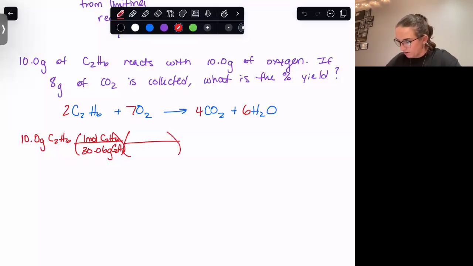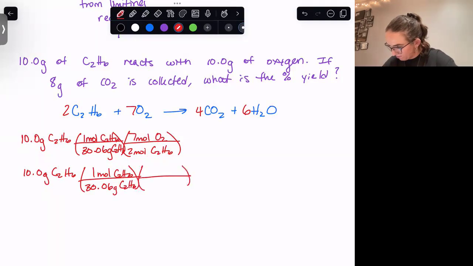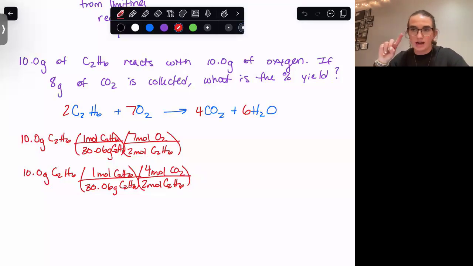You can either say that for every 2 moles of C2H6, you need 7 moles of O2, or that for every 2 moles of C2H6, you need 4 moles of carbon dioxide. You can compare reactant to reactant, or reactant to product. Either one of those works.